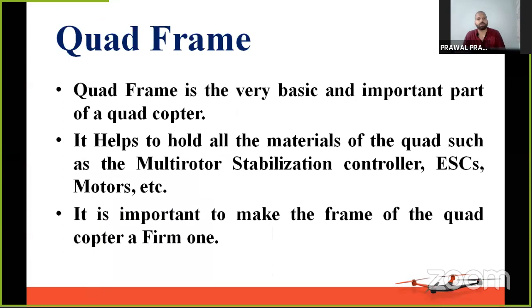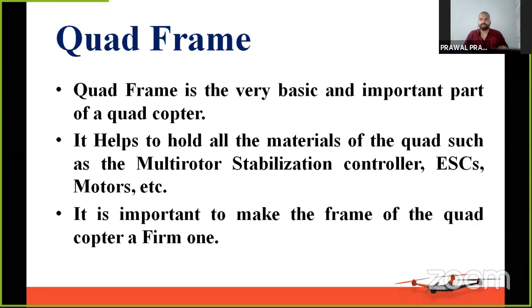So when I'm talking about the frame, beta, when you are choosing a frame, you should keep in mind a few points. First of all, frame is the most basic thing. If you don't have a frame, it's a structure of our body. Like if you don't have bones, you cannot walk, you cannot talk, you cannot move. In the same manner, frame is like a skeleton of a drone. Okay.